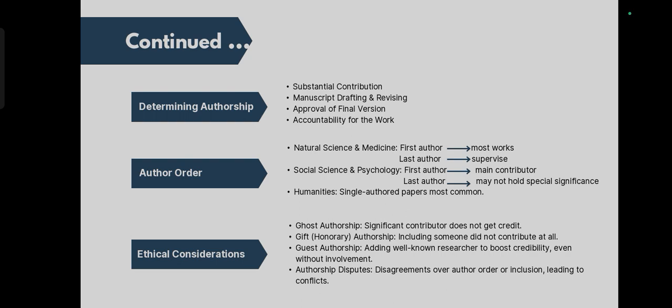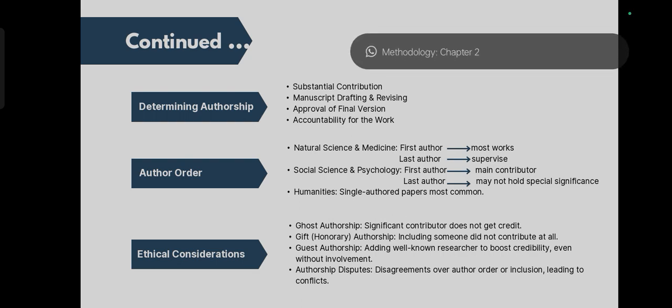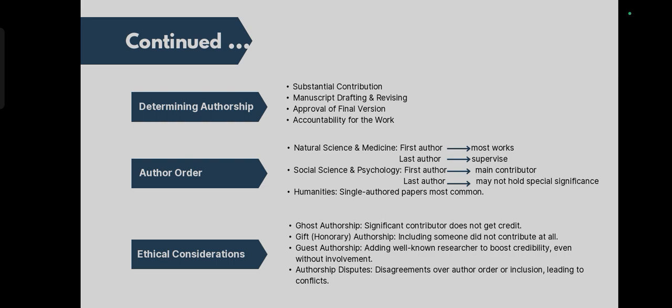Or even this could be your funder for the project. Guest authorship means similar to gift authorship. Here, we just add a well-known researcher to boost credibility, even without any involvement.